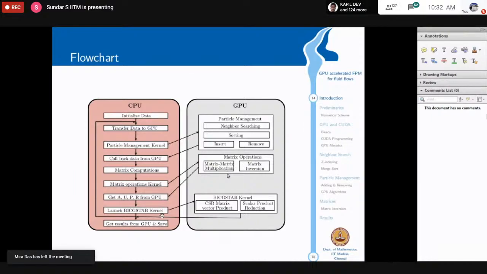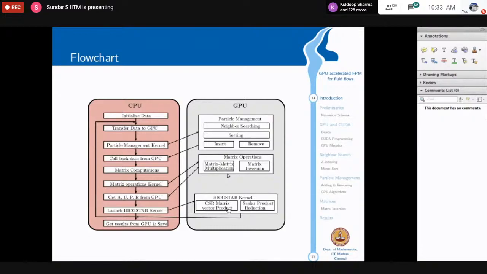Then we need to solve the biconjugate gradient stabilized kernel, which basically solves large scale systems. It's a BiCGStab method written on the GPU, over which we have to do scalar product reduction. We need to have a matrix.